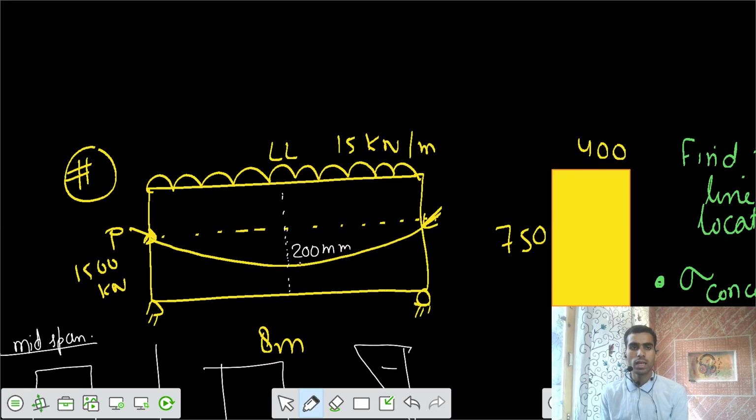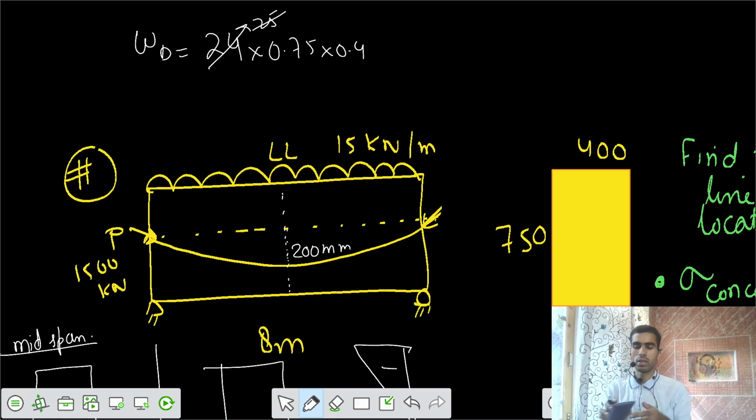Can you calculate the dead load? W dead is 24 into 0.75 into 0.4, or we can keep 25 also. Usually we would take 24. That's 7.2 kilonewton per meter.